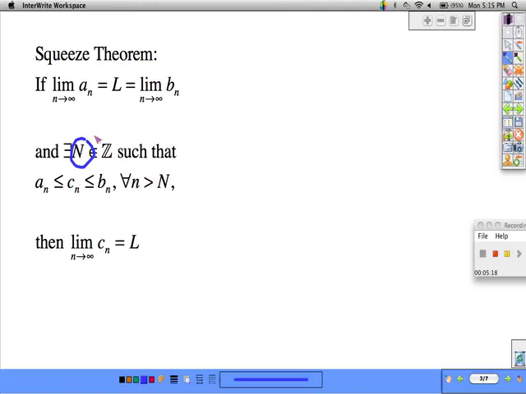This backwards e, just to make a note here, means there exists an N in the integers.